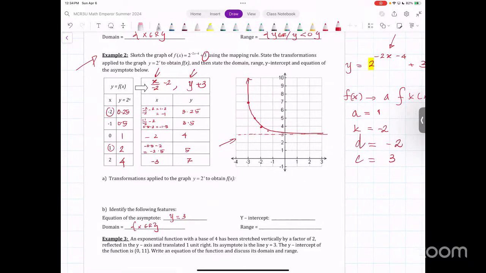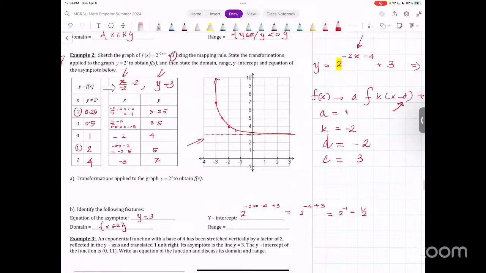So 2 to the power of minus 2 times 0 minus 4 plus 3. So the y-intercept is one half, which doesn't make sense. Something I'm doing is incorrect. Let me redo my math for the y-intercept.